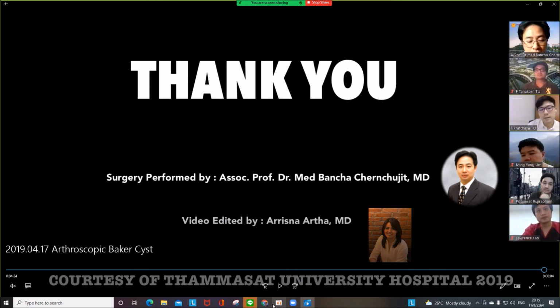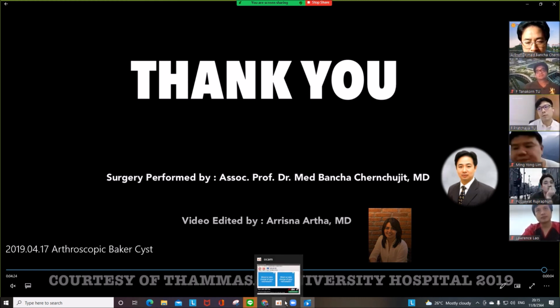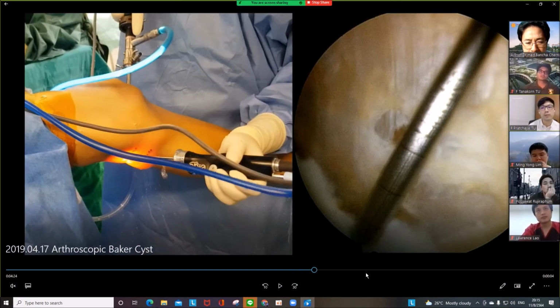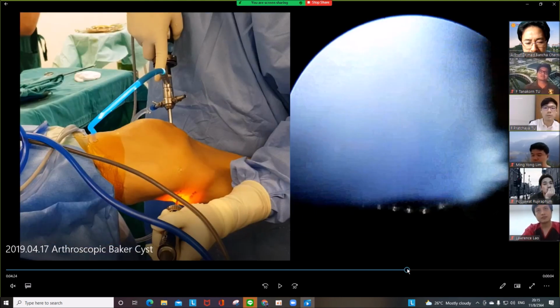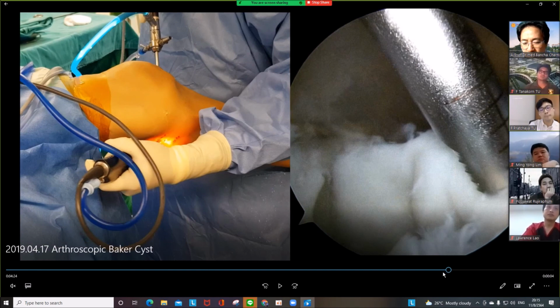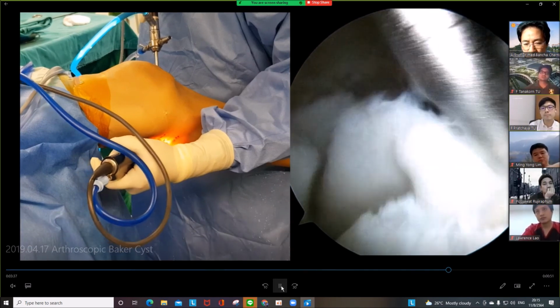So I see that before you open the valve, you use electrocautery, but for the cyst wall and valve removal, you only use the shaver, right? Right. You need to use a shaver because the cautery cannot remove the cyst wall.